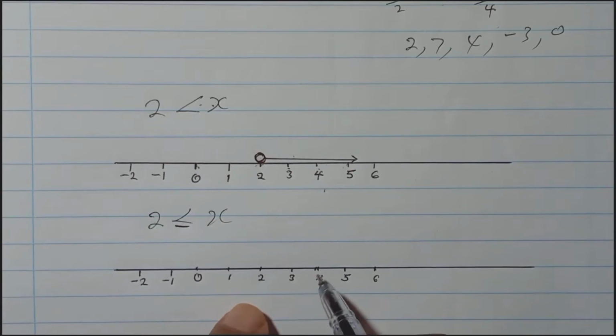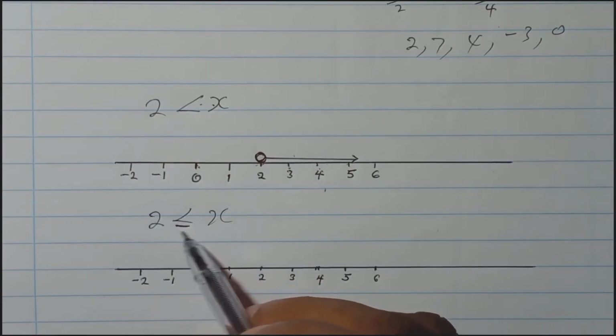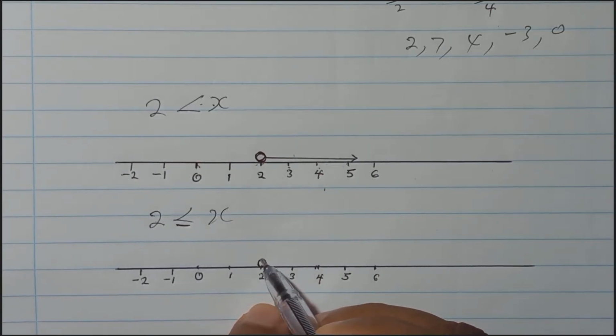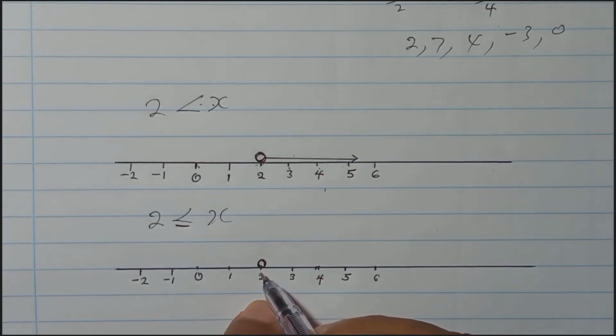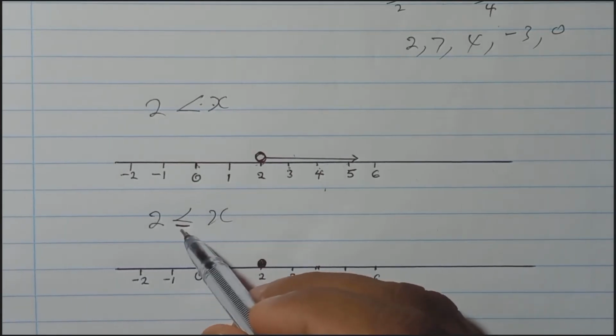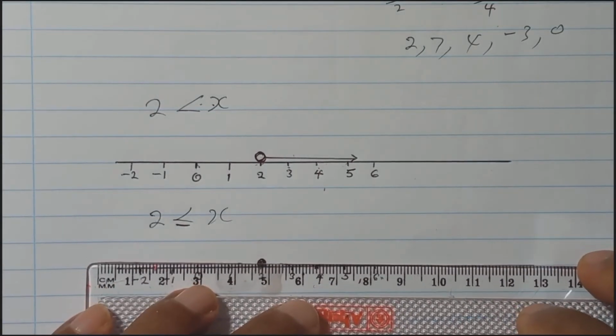So where you have values greater than 2, these are it, but this time we have the dash here, so you should color this, make a circle on top of the 2 and color it, because including 2, your answer can be even 2, the x can be even 2.